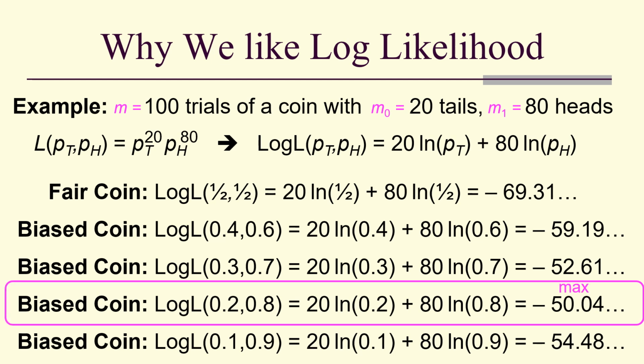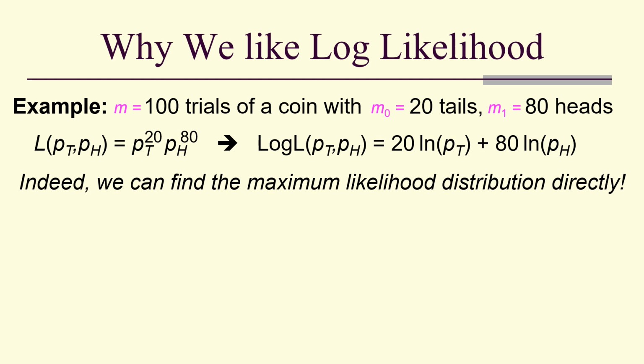And so among these, the maximum is the negative 50.04. That's the maximum log likelihood. It's not the maximum likelihood, it's the logarithm of it. But notice we get the same argmax, 0.2, 0.8, for both. So we can find the maximum likelihood distribution directly from log likelihood.